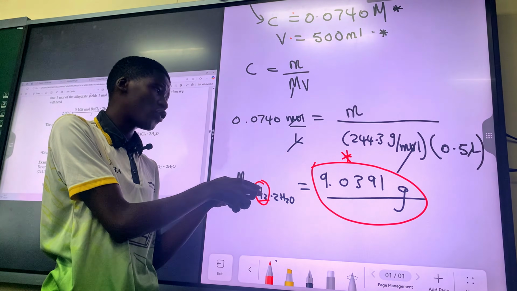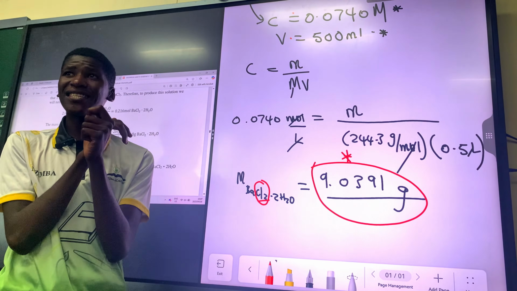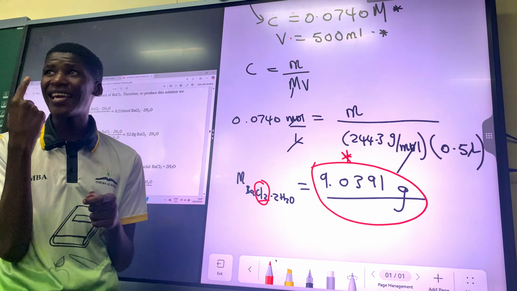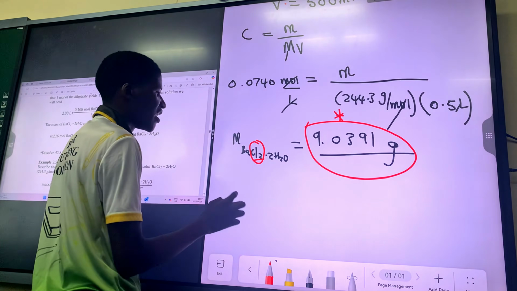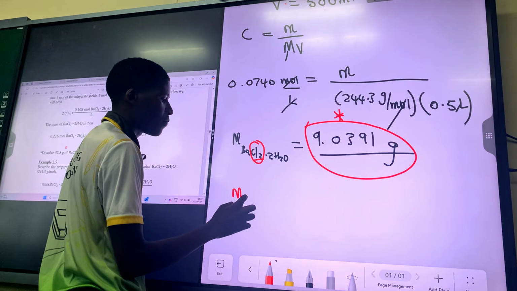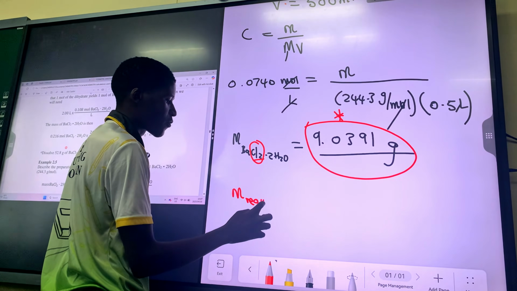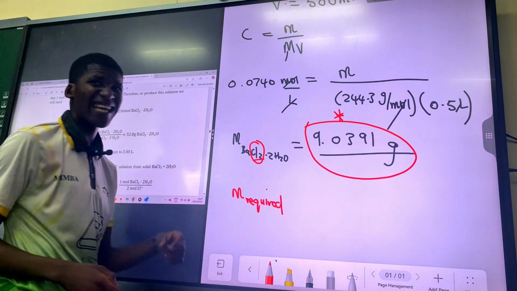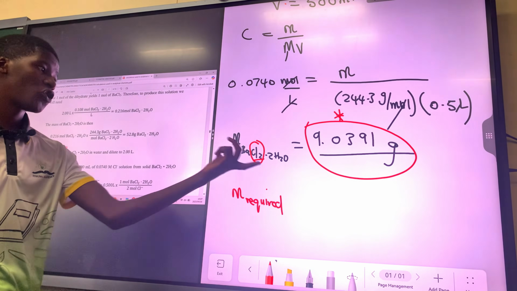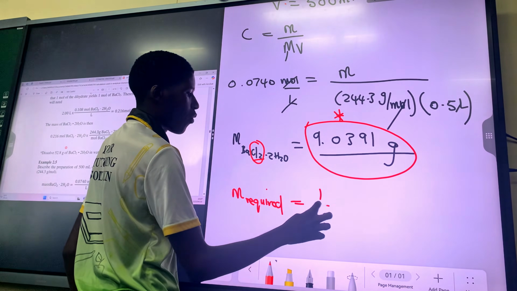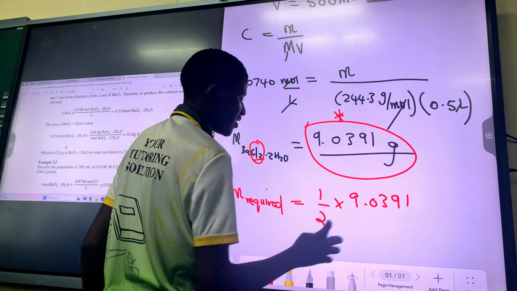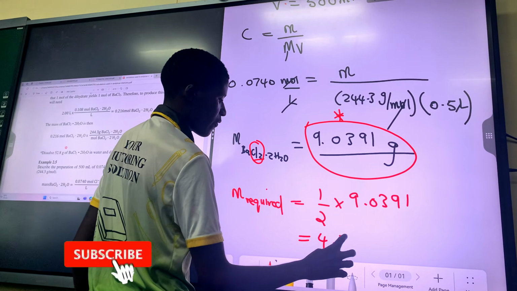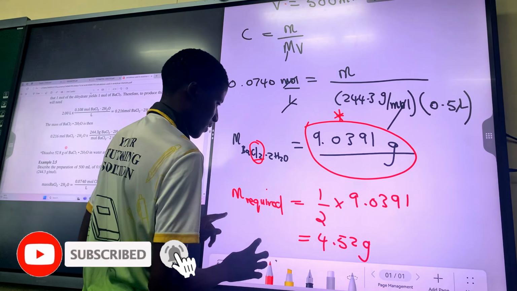So since we have a 2 here, to get the mass used to prepare only 1 Cl minus ion of that concentration, you have to multiply this by half. So the mass required is 1 over 2 times 9.0391, which equals 4.52 grams.